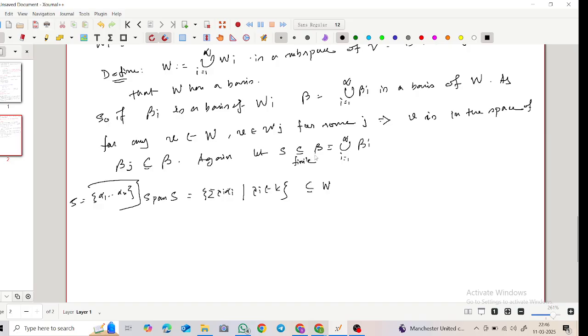See, S is a subset of beta. Maybe I should write like this. So span S is a subset of span union beta I, right? Which you can take to be like span beta I union.